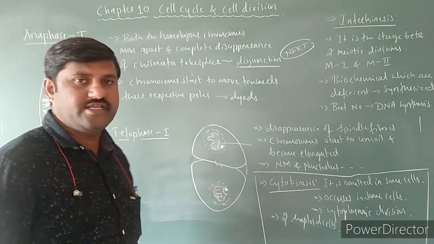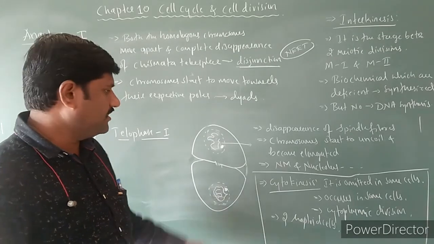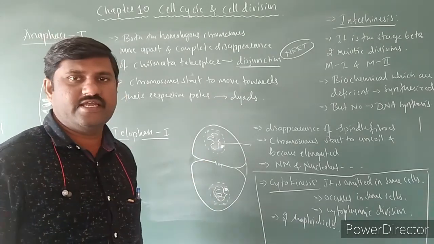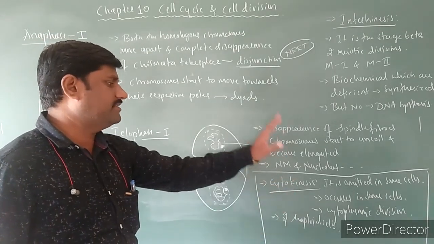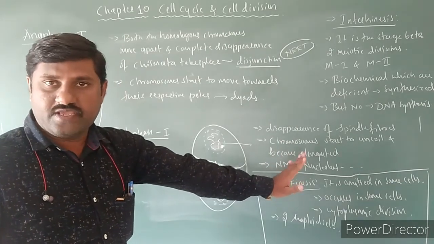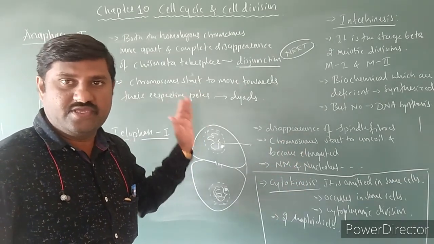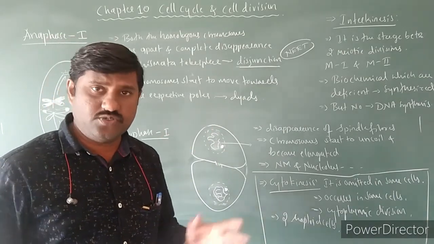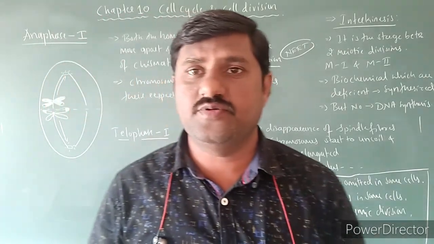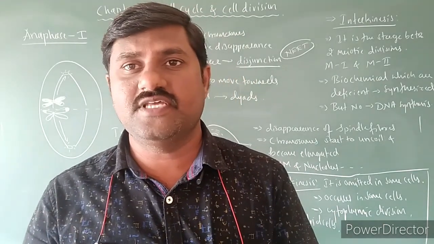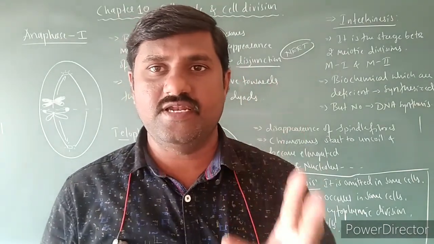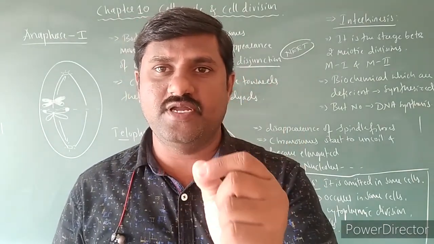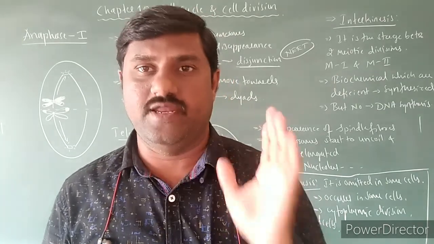So this is how two haploid cells are formed as a result of cytokinesis, if it occurs after meiosis 1. Totally how many cells are formed? Two cells. By the division of one diploid cell, two haploid cells are formed in meiosis 1.